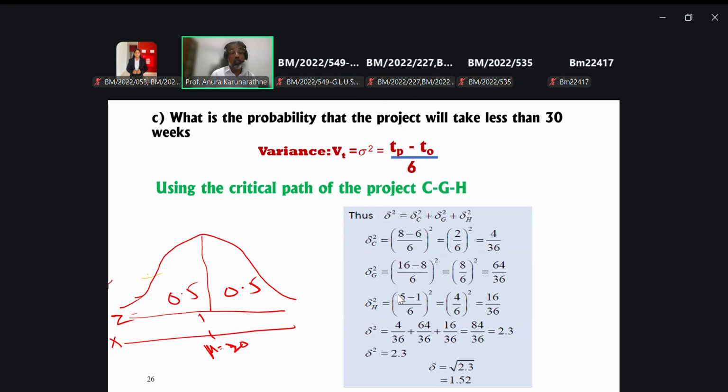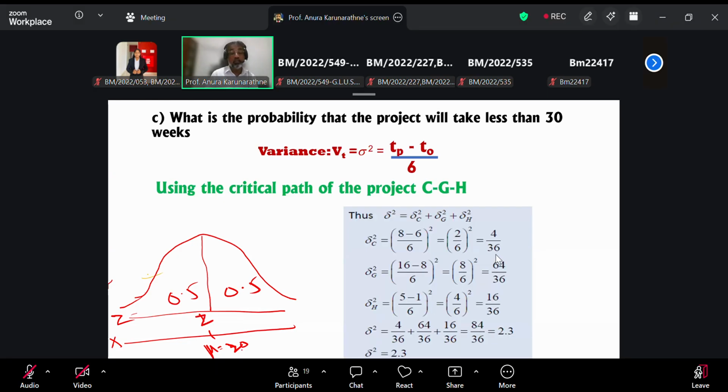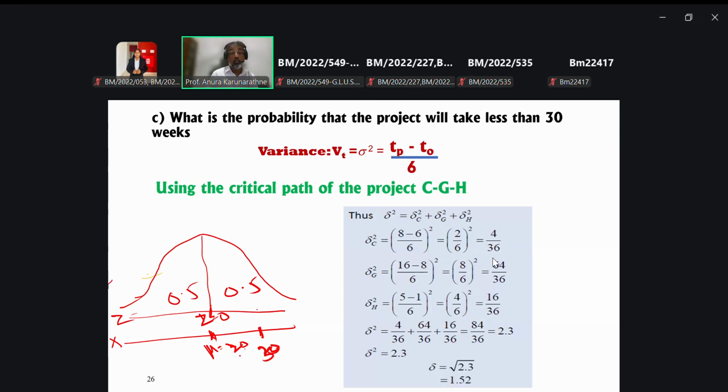We want the chance of completing this particular activity below 30. Now 30 is greater than 20, right? Then this is the 30, right?